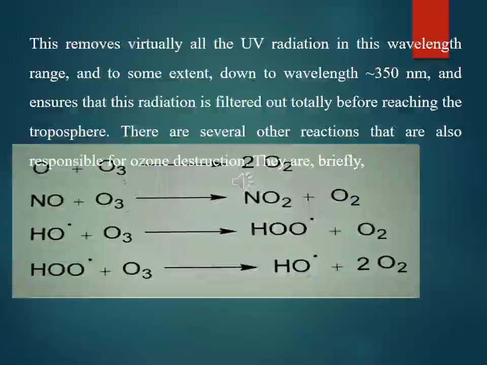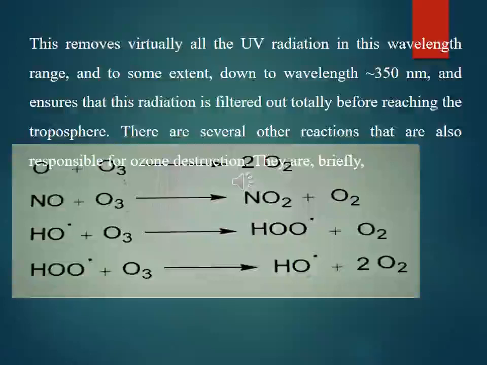Nitric oxide, NO, in the atmosphere reacts with ozone, O3, to form NO2 and an oxygen molecule again. Hydroxyl radical reacts with an ozone molecule to form HOO radical and an oxygen molecule.